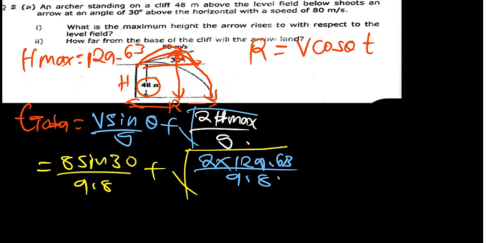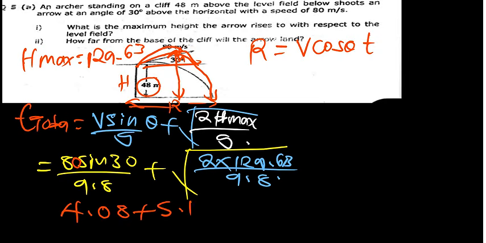So 80 sine 30, the answer I find divided by 9.8, I'm getting 4.08. Plus 2 times 129.63, the answer I find divided by 9.8, then I get the square root. So I'm finding 5.14.